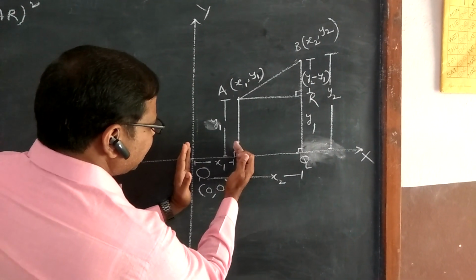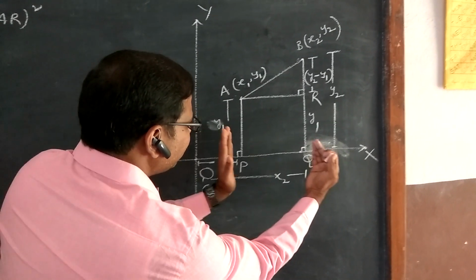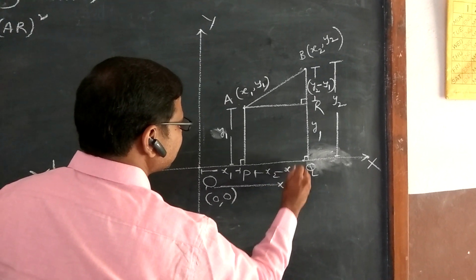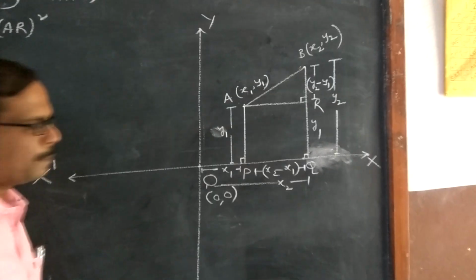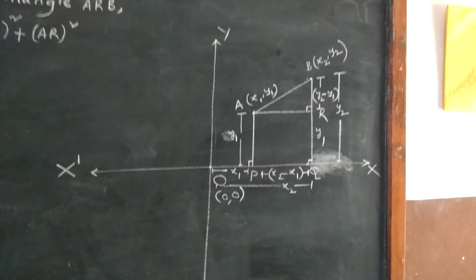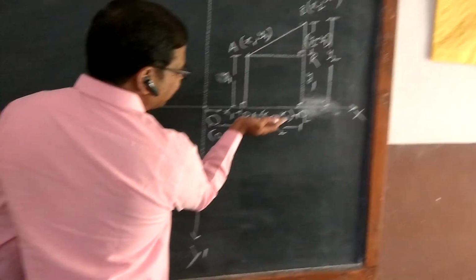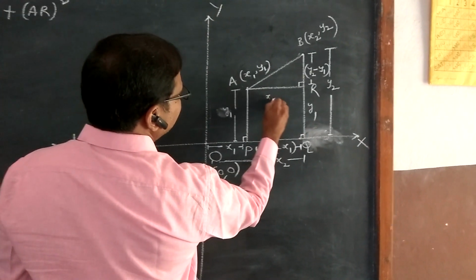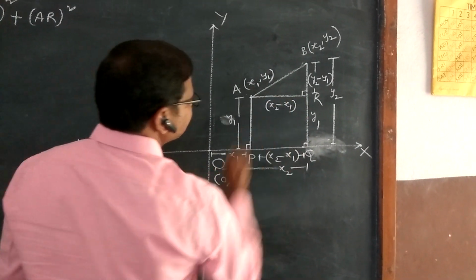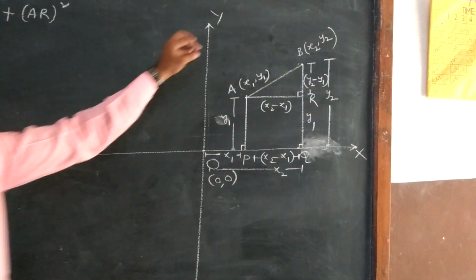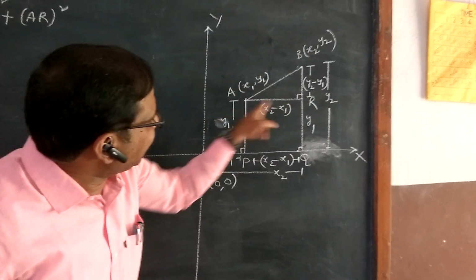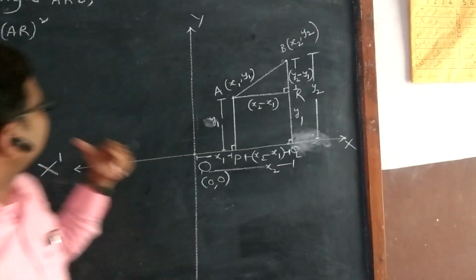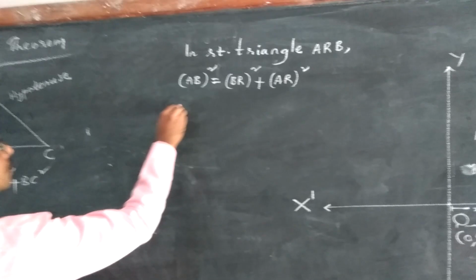Now this is x1, this is x2. Can you find PQ? Total is x2 and this is x1, so PQ will be x2 minus x1. If PQ is x2 minus x1, the opposite side AR is also x2 minus x1. Now in right angled triangle ARB, I got the distances BR and AR. Substitute the values.